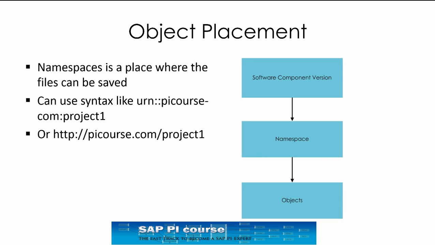So it's two different approaches, and basically they end up giving the same result. And then at the end, you have the objects that you want to put into the system. This is what you do in the repository.